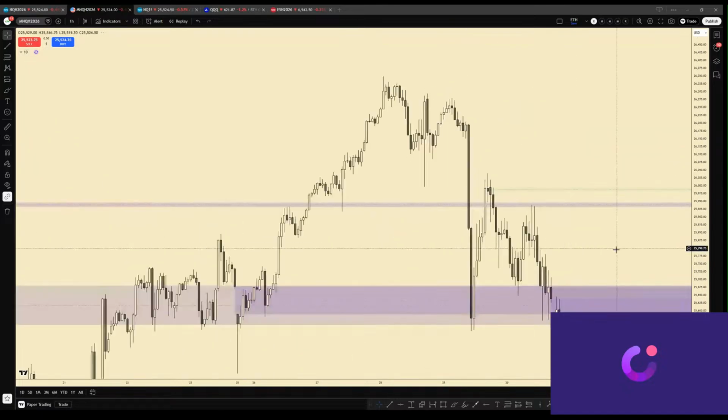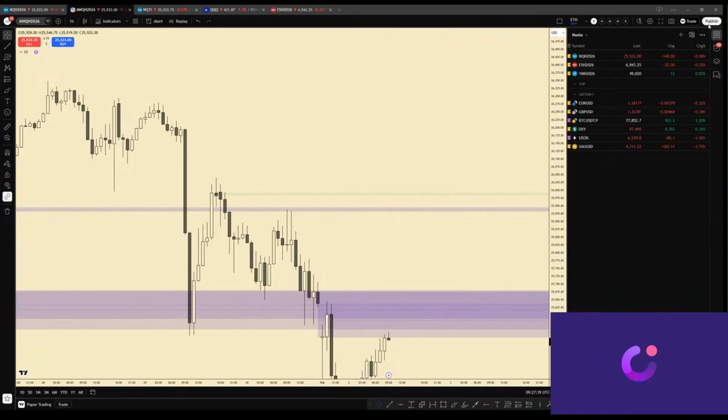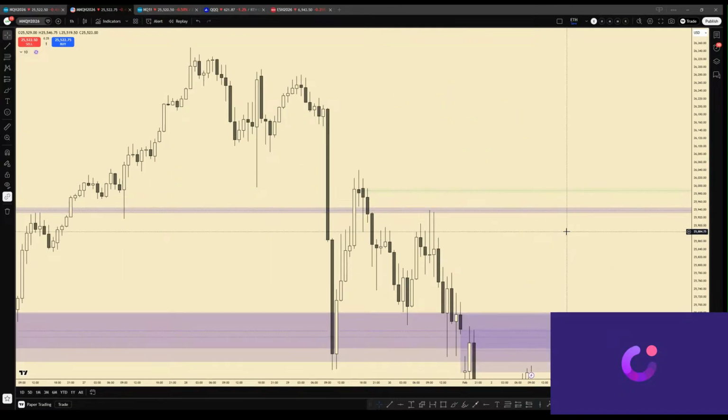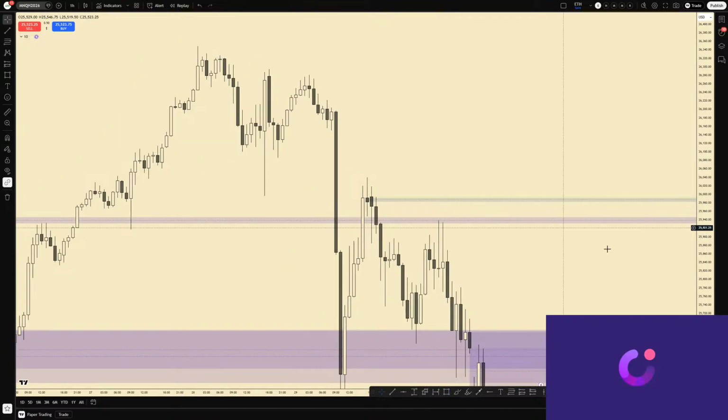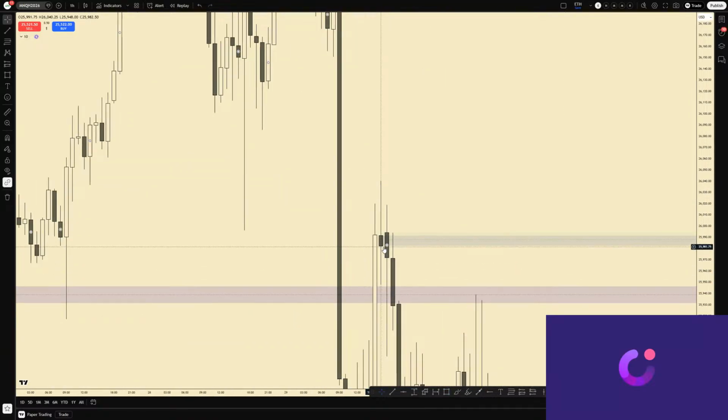And this green is the daily opening gap. I will try to apply the same logic and same routines every day.